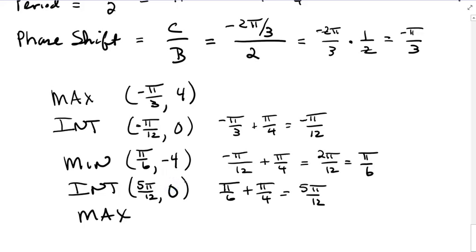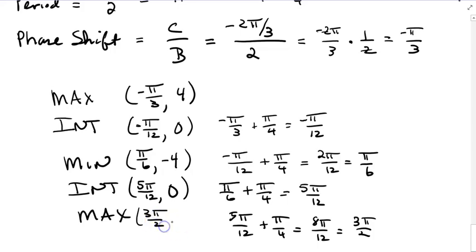And it's an intercept, so the y is 0. 5 pi over 12 plus an additional pi over 4. Well, we're adding actually 3 pi over 12 to 5 pi over 12. It's 8 pi over 12. Always put it in reduced form. 2 pi over 3. And it's a max value, so it's a 4.